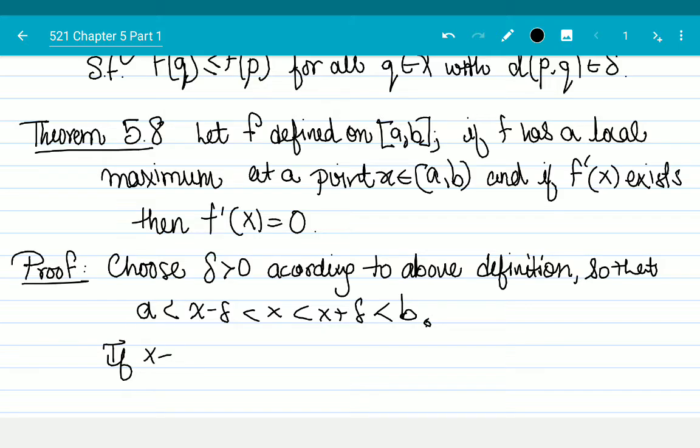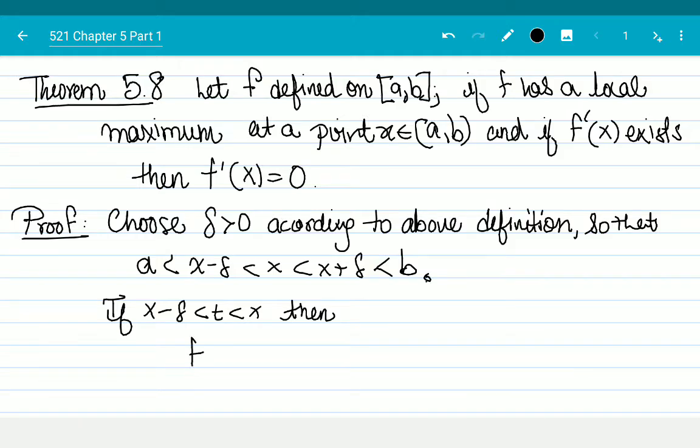If x minus delta is smaller than t, smaller than x, then what do you get? f of t minus f of x over t minus x. Well, the numerator is negative.